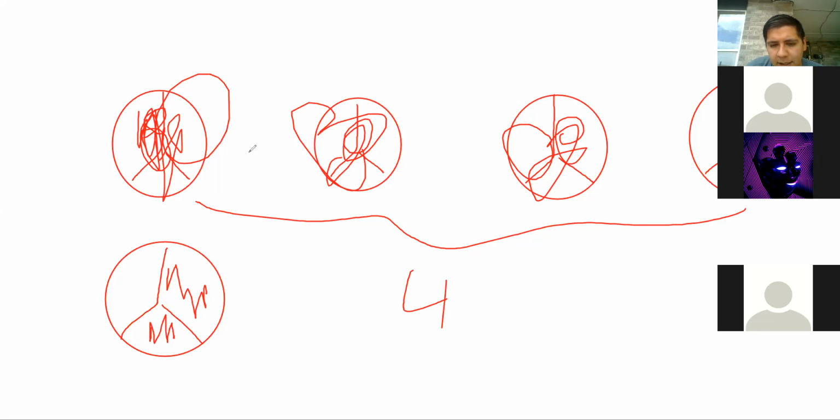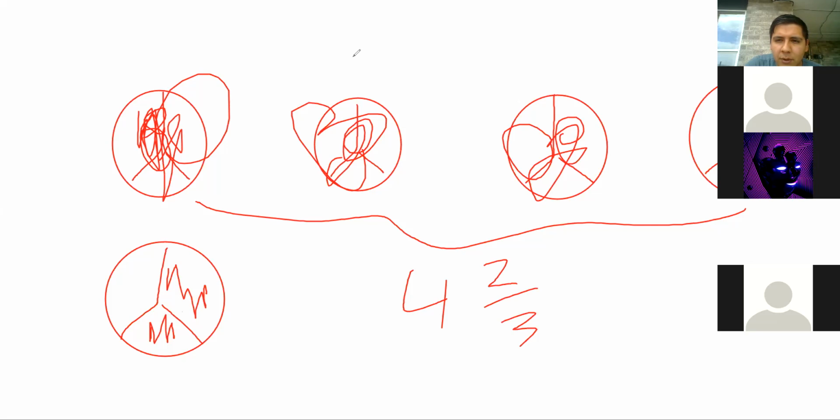Four and 2/3. Exactly. Good job, Caleb. 4 and 2/3. So again, we have 4 whole circles, and 1 that has 3 parts and is shaded in only 2 parts. So 4 and 2/3.